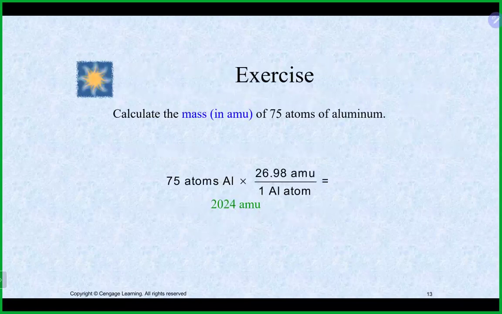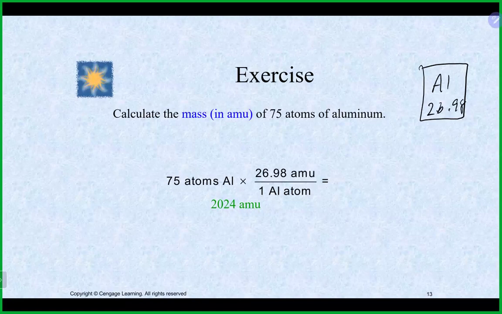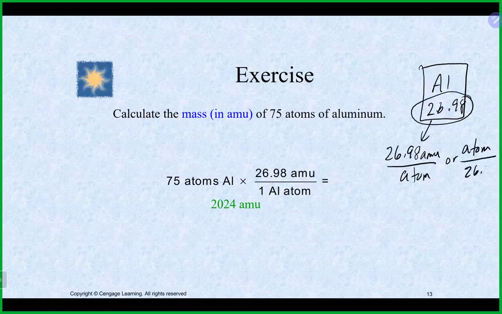Same thing here for aluminum. If we go to aluminum, what we will see on the periodic table is 26.98 written there. That again is what we could pull off and use as a conversion factor, 26.98 AMU per atom. We also could flip it around, like any conversion factor, if we needed to, and put the atoms on top and the 26.98 AMU on the bottom.